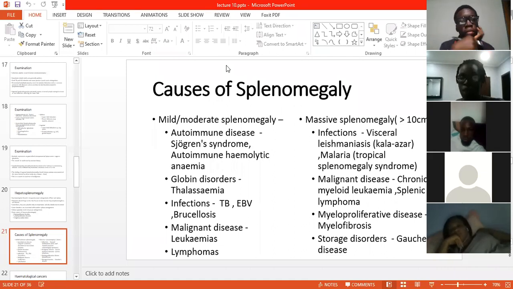Tumors. So every time you see that the spleen is enlarged, think of tumors, lymphomas, leukemias, and then also think of infections like malaria, tuberculosis, Epstein-Barr virus, and then leishmaniasis.